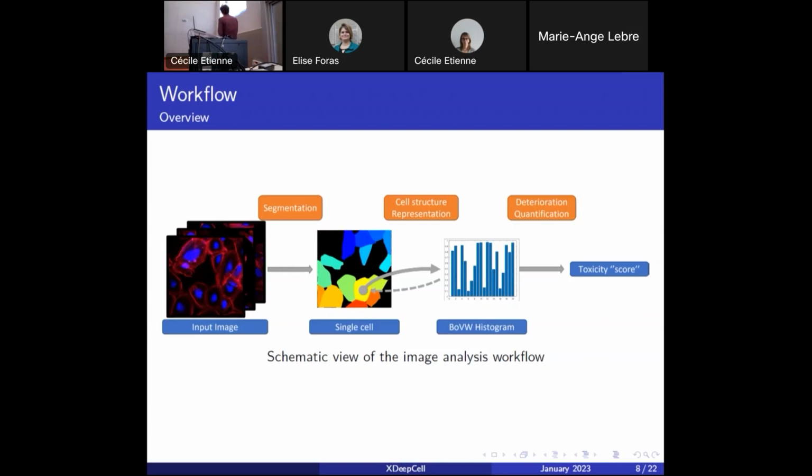And also, this little dotted arrow here represents the fact that we want to go from the representation to the initial image, to always be able to come back to biological properties.